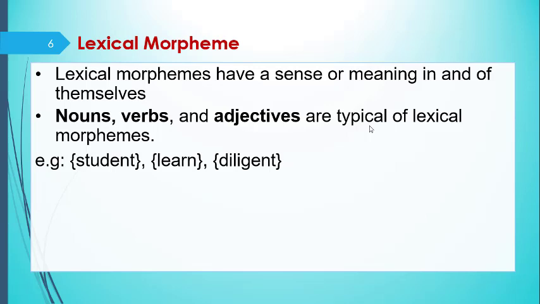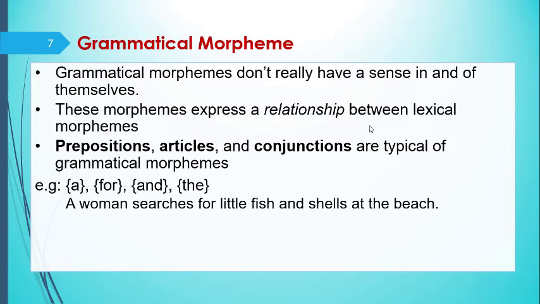So if you take a look at lexical morphemes, for example, student, you know what a student is, and you know the meaning of a student. And you also know the meaning of learn, and you also know the meaning of diligent, because they have a sense or meaning in themselves. However, if you take a look at prepositions or articles or conjunctions, a what?